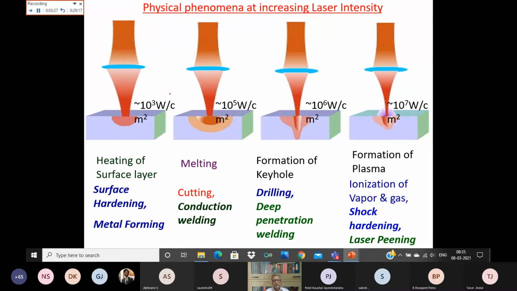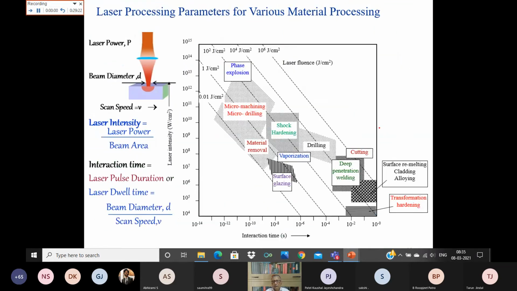So you can see that with the same laser, by controlling the laser power density, if you see the next slide, it will be more clear that in the y-axis we have plotted the laser intensity or laser power density in terms of watt per centimeter square, and in the x-axis we have plotted the interaction time.